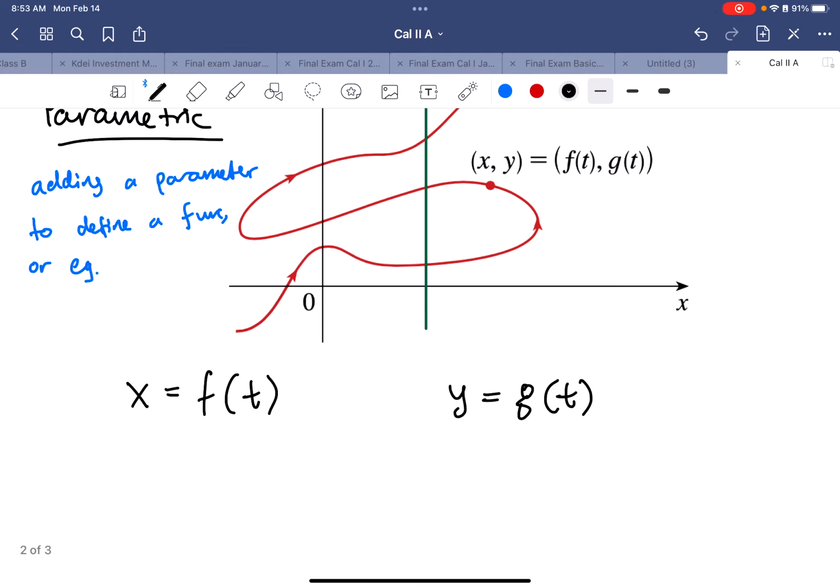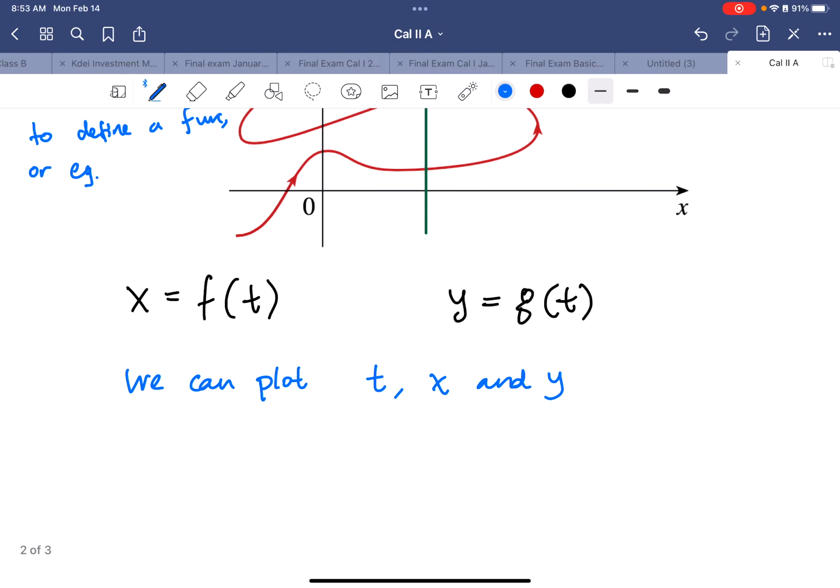So we can plot t, x, and y. Okay. So we can set up t from, let's say 0, 1, or even from -2, -1, 0, and so on. Okay, because t can be anything.